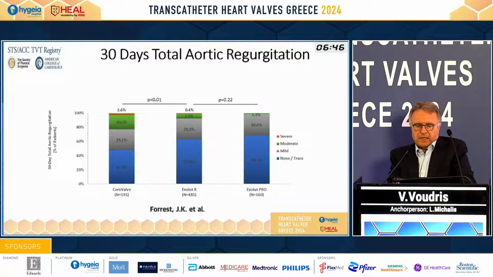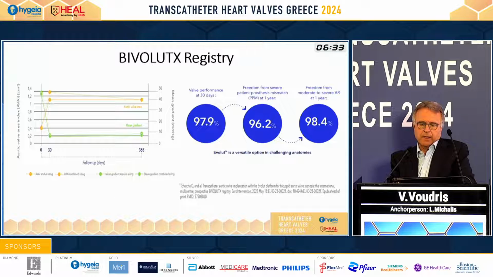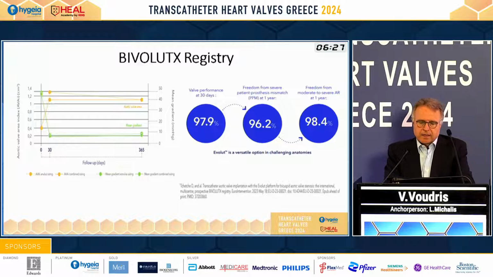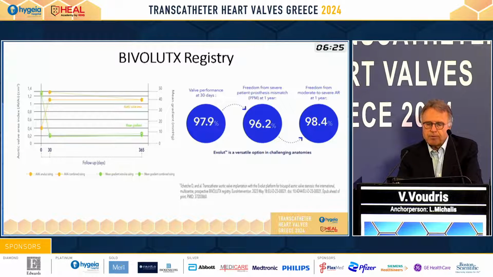And the degree of paravalvular leak after device implantation, more than moderate, was low. In the same direction are the more recent BIVOLUX results from Europe.